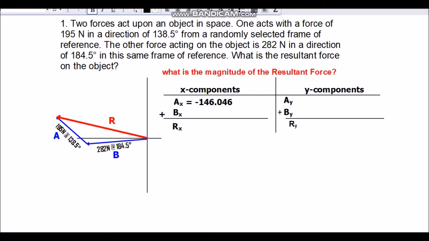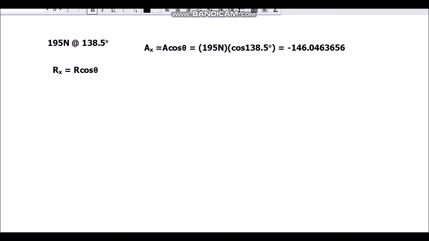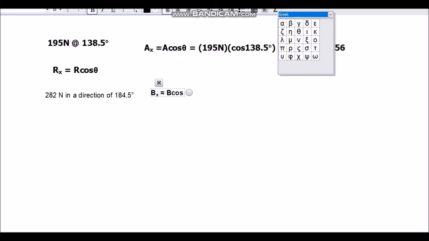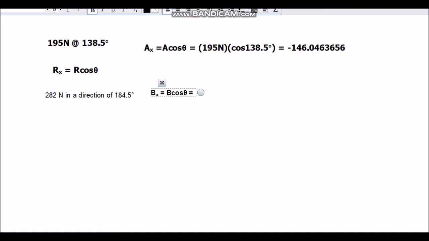Good. All right, let's see what the x component of the next vector is. The next vector, remember, is 282, and it's in a direction of 184.5 degrees. Let me go to my scrap paper here. All right, so what would that be in this case? That's going to be 282 newtons times cosine of 184.5 degrees.